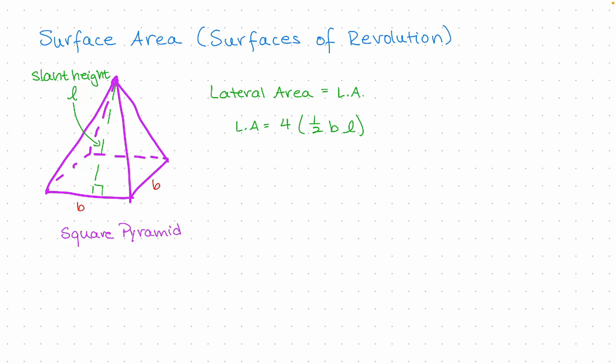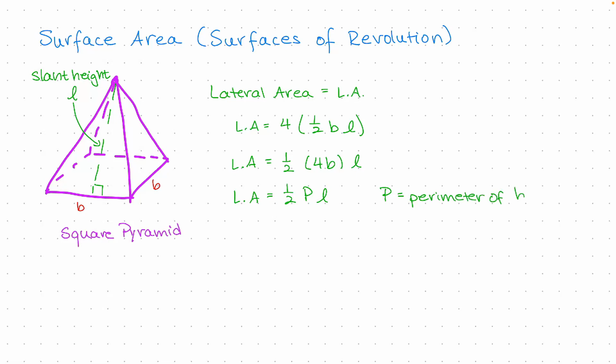And if I rearrange things a little bit, I'm going to put the 4b together. What does the 4b represent on my pyramid? Do you see it? It's the perimeter of the base. So for pyramids in general, we say that the lateral area is 1/2 PL, using a capital P, where that capital P is the perimeter of the base.